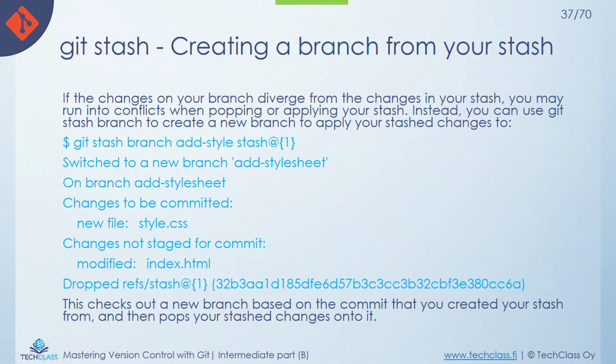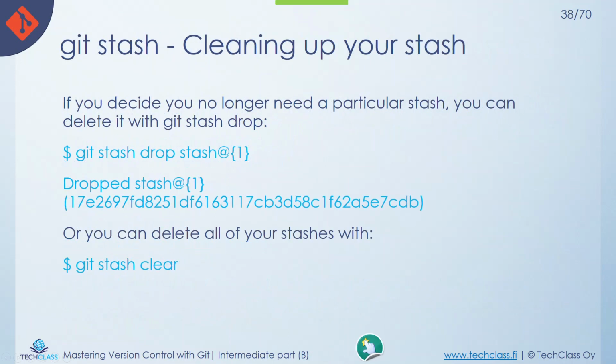And if you decide you no longer need a particular stash, then you can apply git stash drop with the stash you want, and it removes it for you. And if you apply the clear command, then all of these stashes will be removed for you.